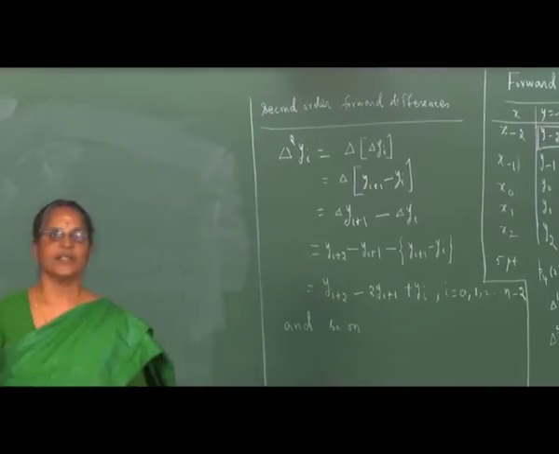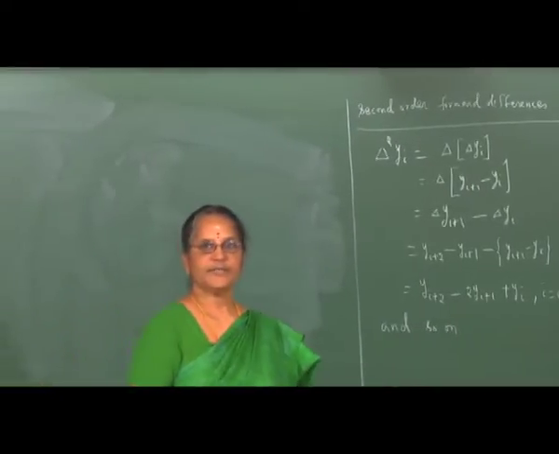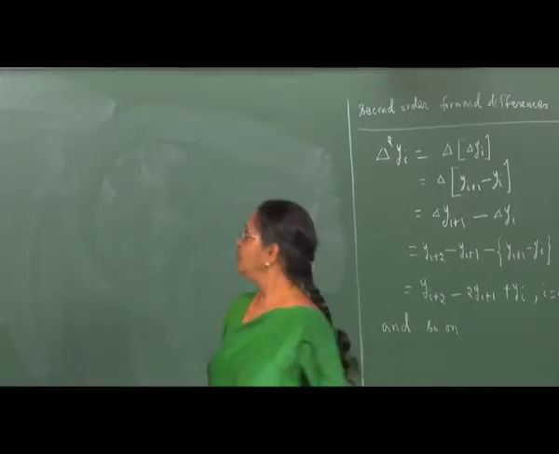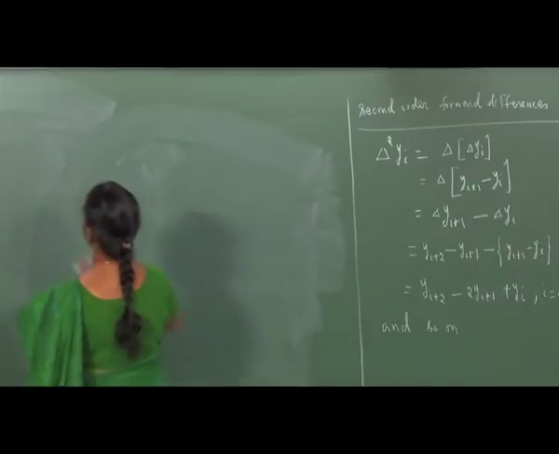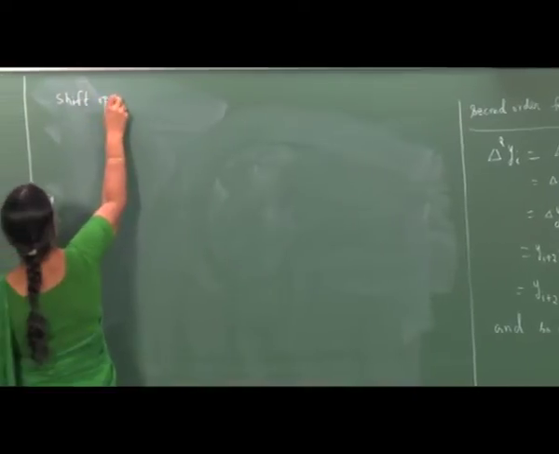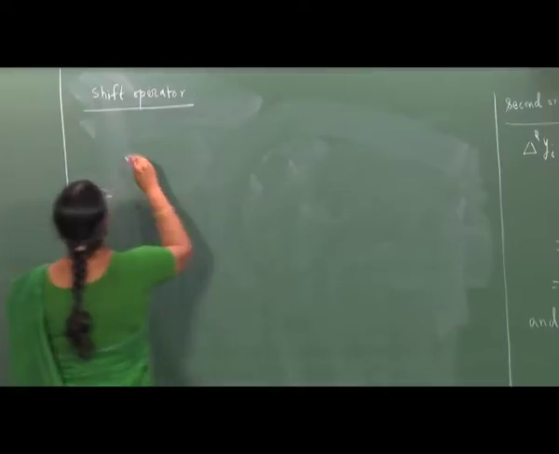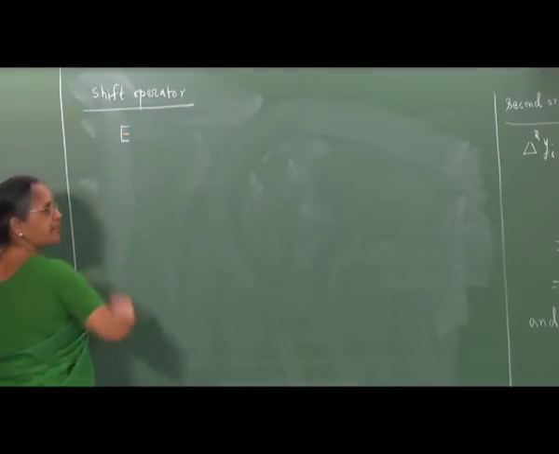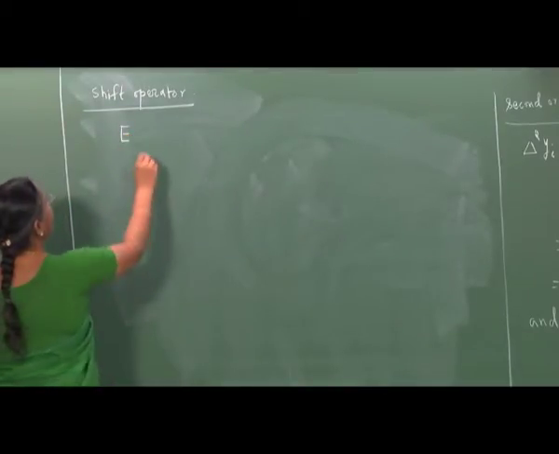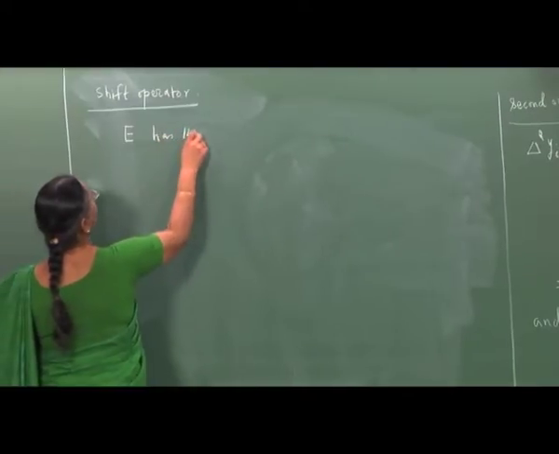At this stage, I would like to introduce another operator which is called the shift operator. The shift operator is denoted by E and it has the following property.